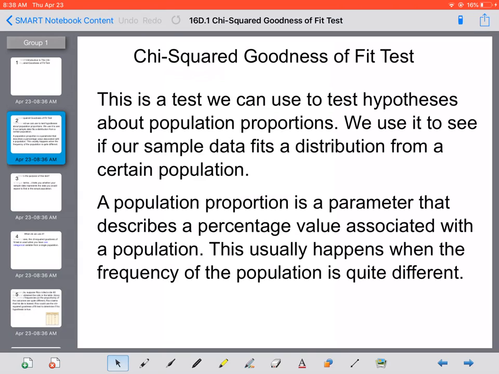The population proportion is a parameter that describes that percentage that is associated with that population. And it is usually going to happen when the frequency of your population is very different. So if you think all the way back to when we were using frequency tables with one variable, that is when you would use the chi-squared goodness of fit test to see if it truly does fit a certain distribution.